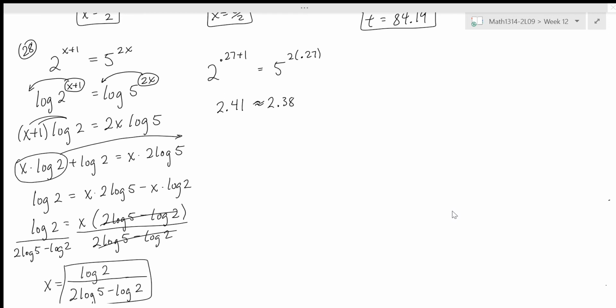Well, it's somewhere between 0.274 and 0.275. So is that about 0.27? Yeah, and I don't know why it won't let me click on that line. It's not letting me click.